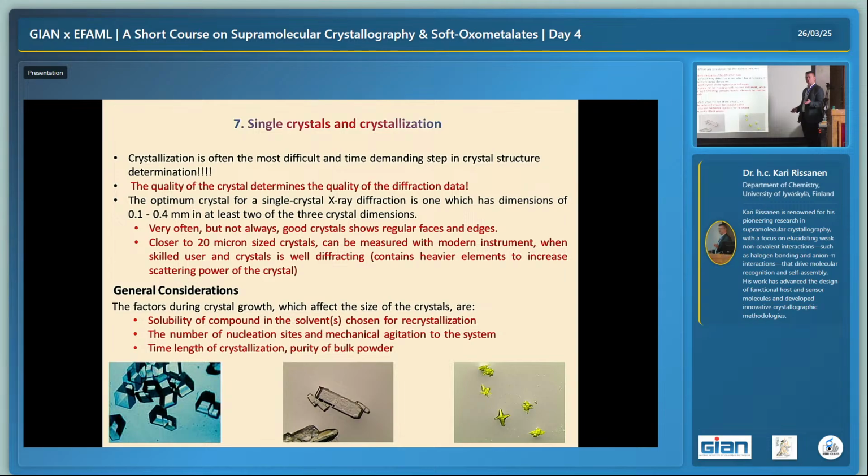You probably discussed MOFs yesterday in Rahul Banerjee's talk. If you dissolve it in water, it decomposes. So you cannot. Sometimes you have a system that you cannot dissolve, but then it means that it has to be single crystalline by itself. Then it's fine. When we get our target, it doesn't matter how we get it.